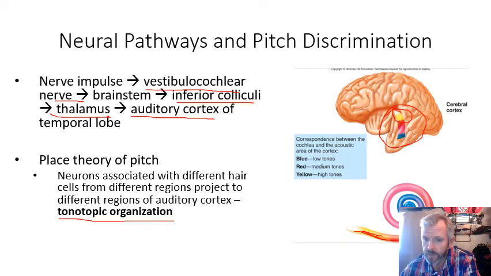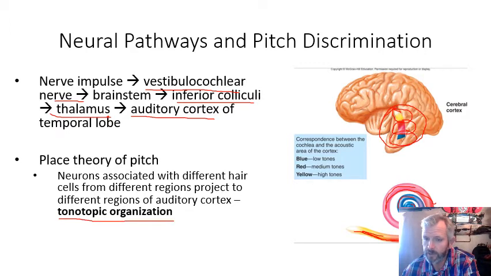Remember, higher frequency waves are going to stimulate the hairs in the cochlear duct sooner on than the lower frequencies. Okay, whereas as we go further along, the medium tones or medium frequency would stimulate the cells through here, and they would go through this region of the auditory cortex, and those with the low tone are going to stimulate the cells later on in the cochlear duct, and those will go to this region of the auditory cortex.